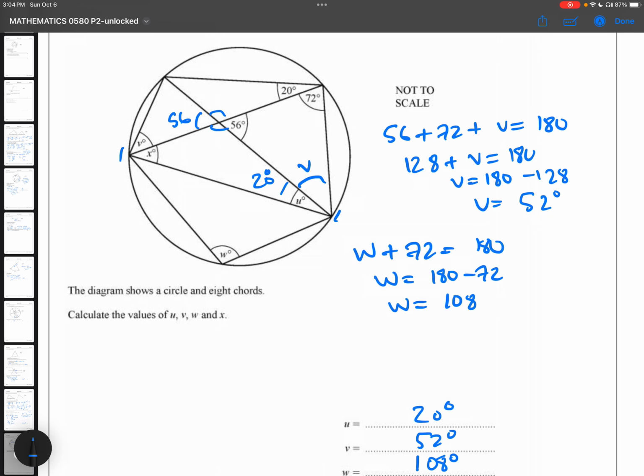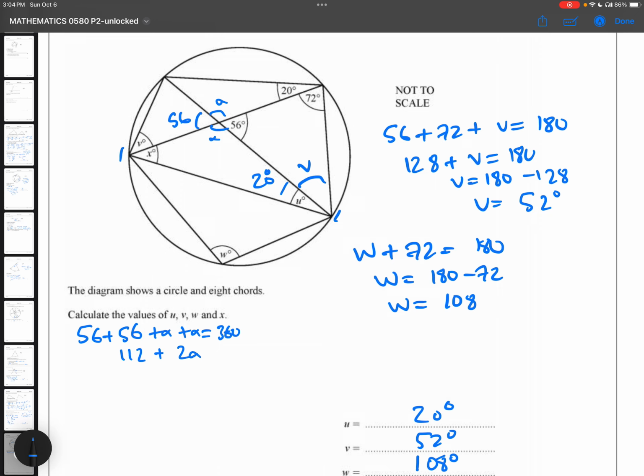Let's name these angles A. So now we can see that these 56s and these two A's are angles around a point, so their sum will be equal to 360. 56 plus 56 plus A plus A is equal to 360. 56 plus 56 is equal to 112.